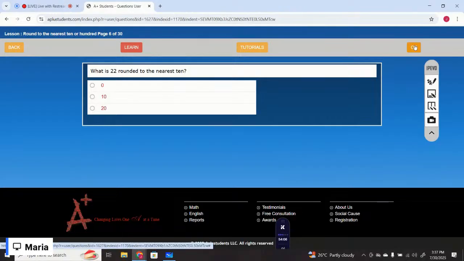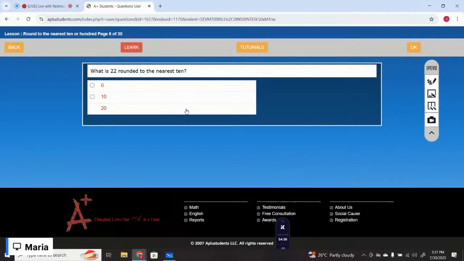What is 22 rounded to nearest 10? Twenty-two is rounded to 20.